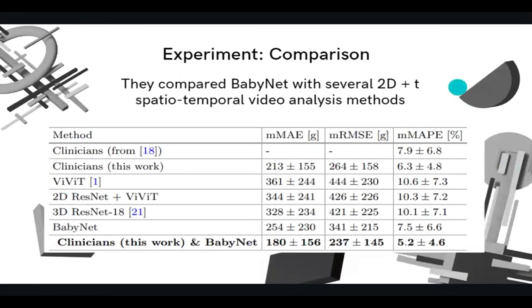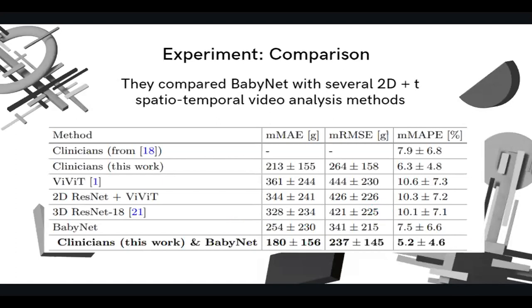They're comparing BabyNet with several 2D plus T spatiotemporal video analysis methods. They used mean absolute error, root mean square error, and mean absolute percentage error in the comparison. So the first method listed here are results from a clinic in Israel.